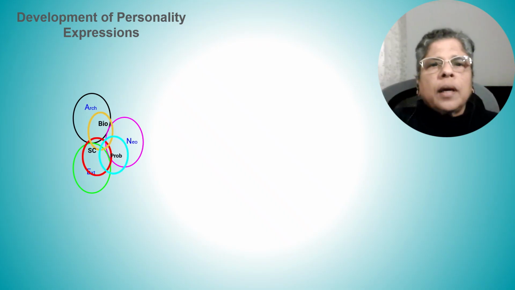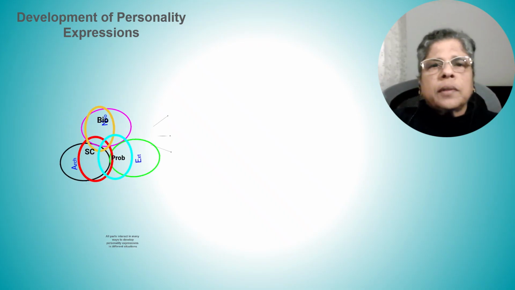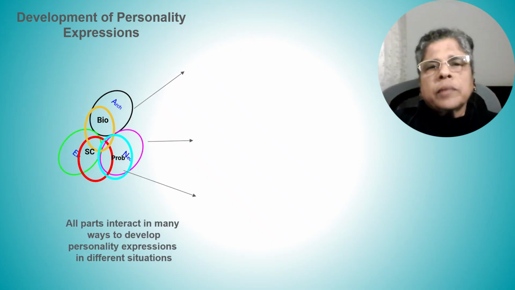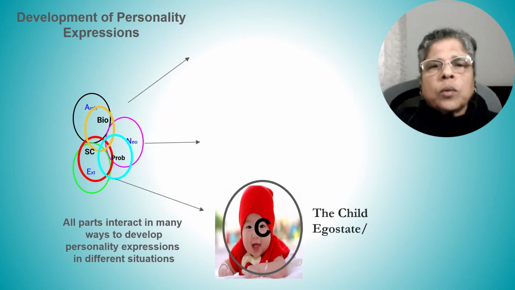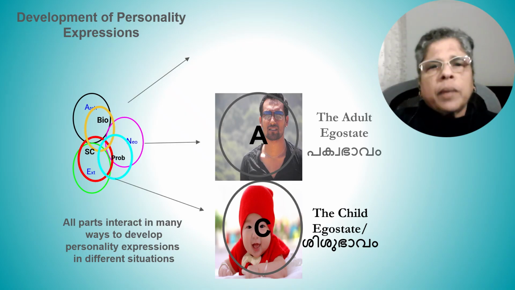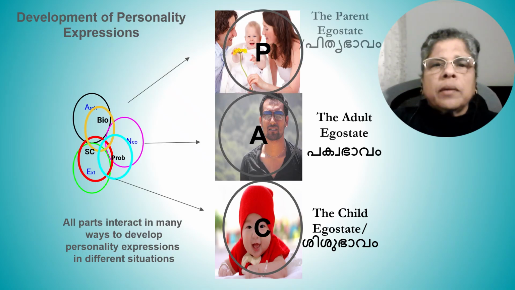Here we can see how the different parts of the brain produce different manifestations of the personality through its own manifestation, as well as being influenced by other parts of the brain. For example, the oldest part of the brain, from where archaeopsych or the child part develop, is also influenced by the neopsych and the exteriopsych.